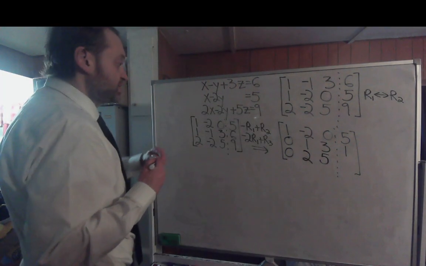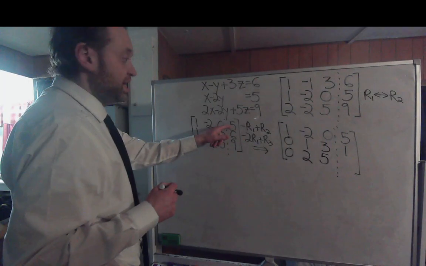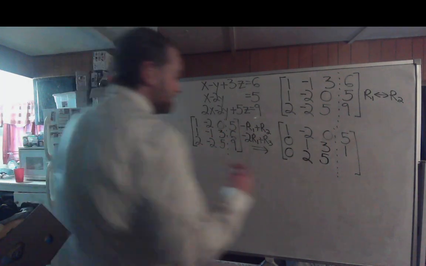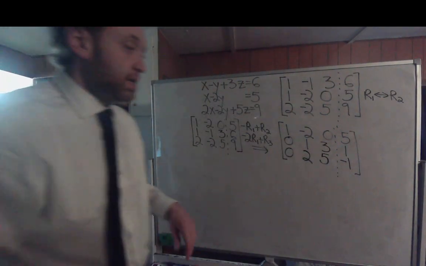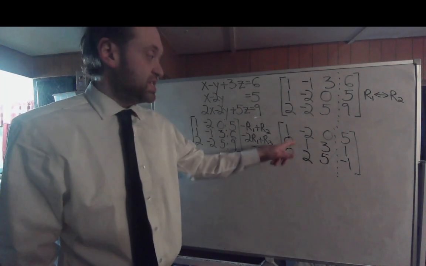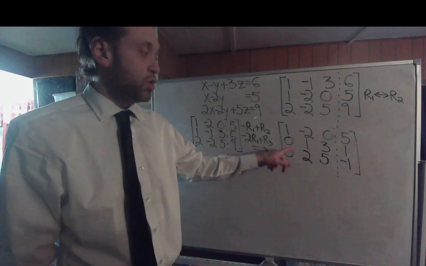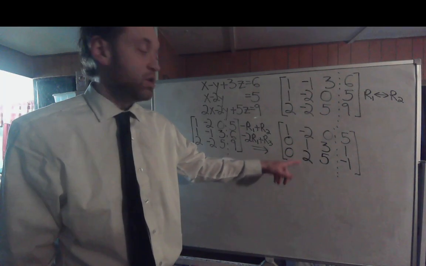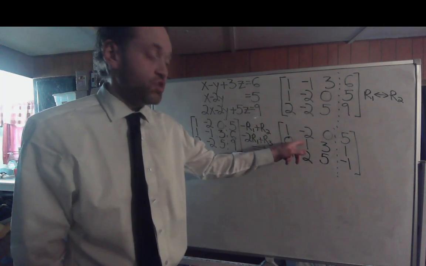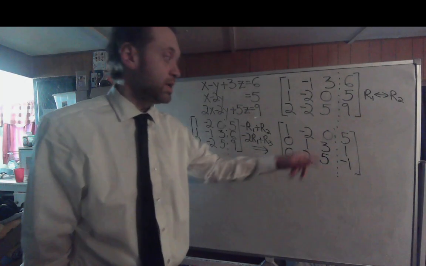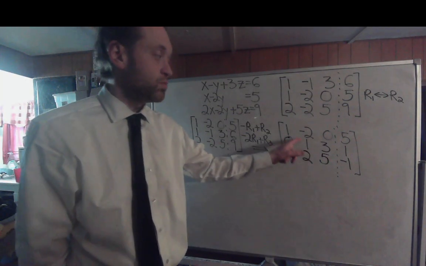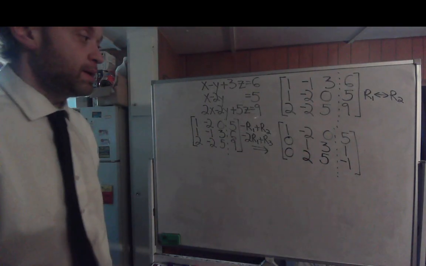Alright, negative 2 times 5 is negative 10, plus 9 is negative 1. So, not only are the first digits in rows 2 and 3 0, but the leading digit in row 2 is now also 1. So we can actually leave both rows 1 and 2 alone from now on.